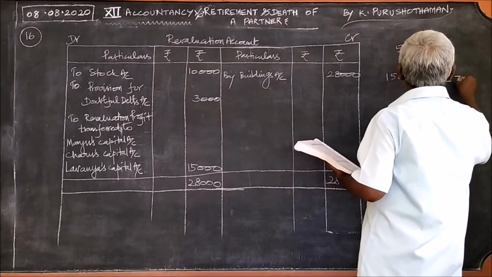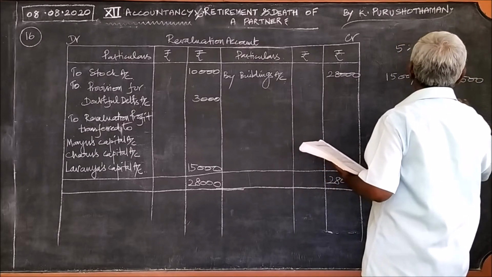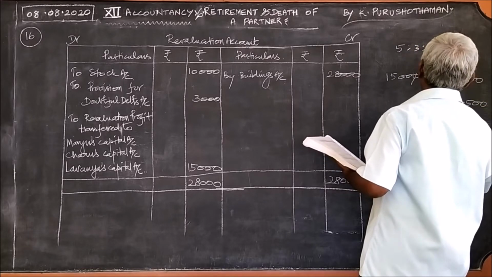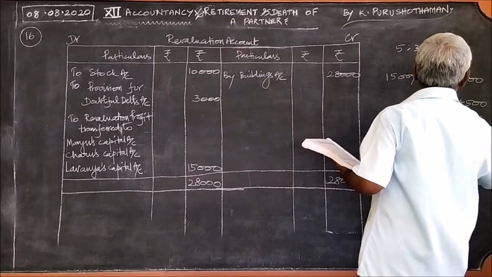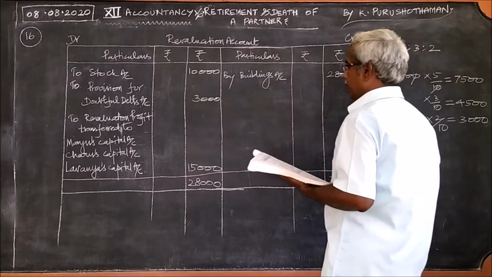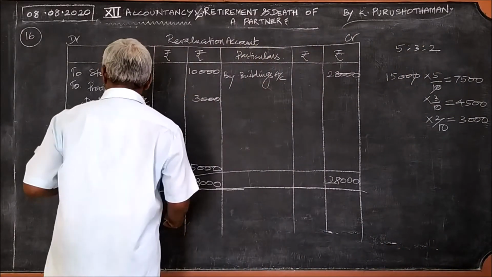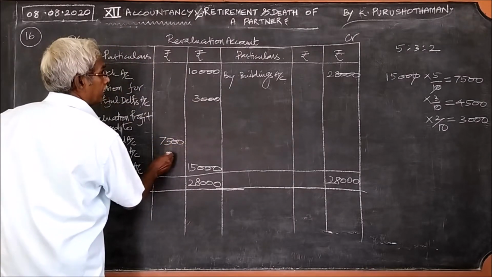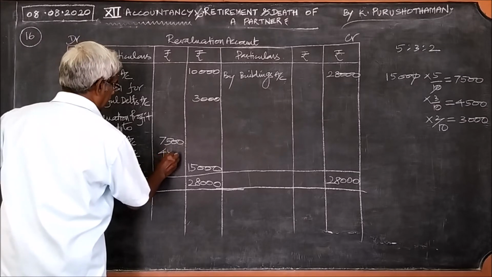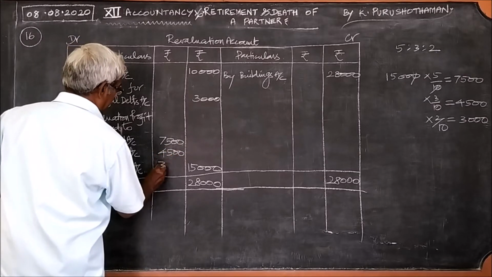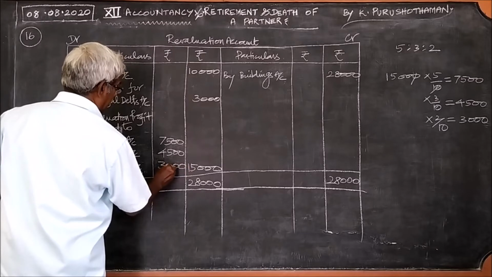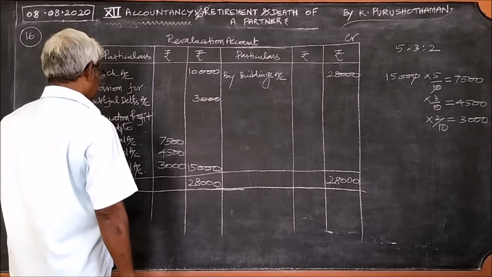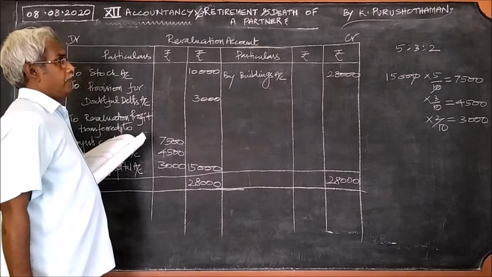Simplify. 7,500, 4,500, and 2 into 1,500, 3,000. So it should be written here. Manju's capital account 7,500, 4,500, and 3,000. So it is 15,000.